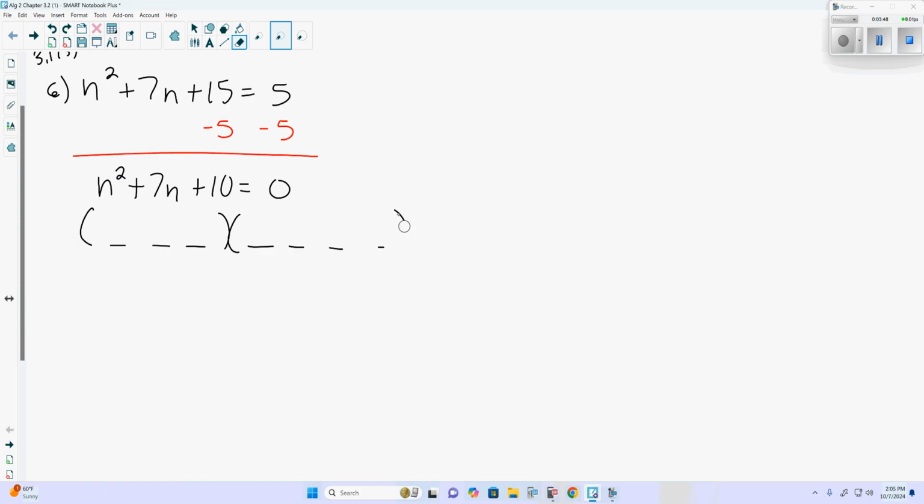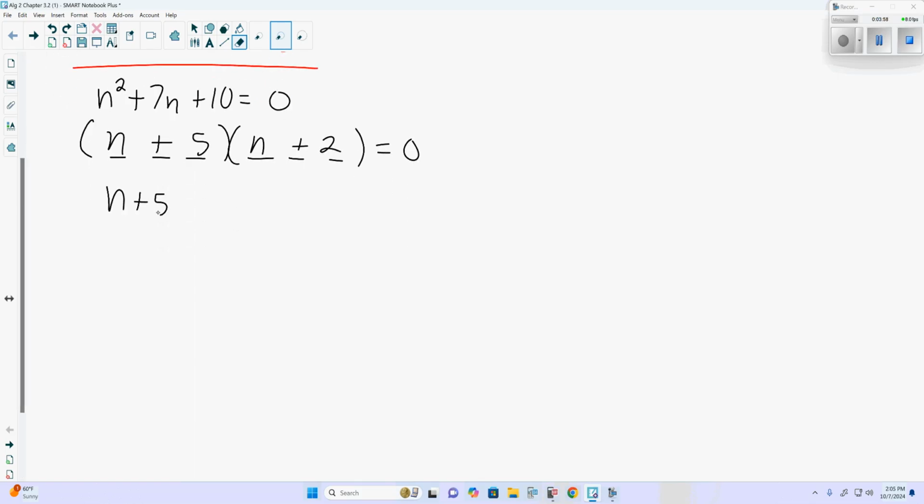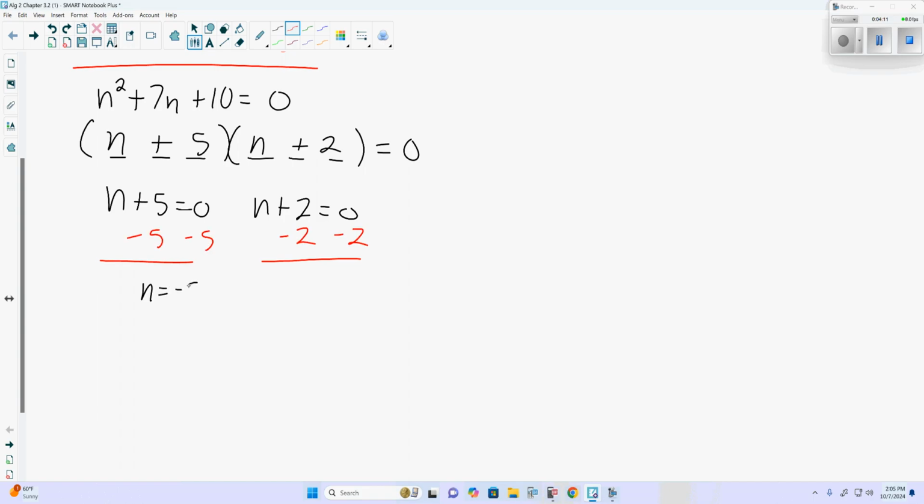Too many spaces. So n plus 5, n plus 2. So you should get that n equals -5 and n equals -2.